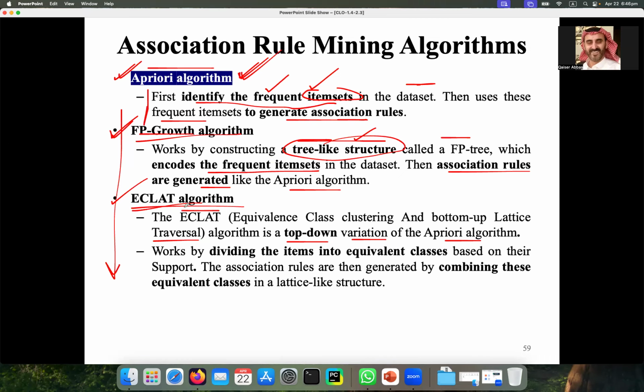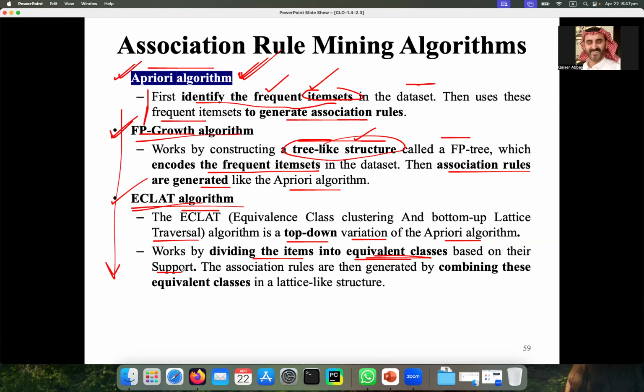How is it top-down? Because it will work by dividing the items into equivalent classes. And how will this algorithm make these classes? Based on support. Support is what? Frequency.